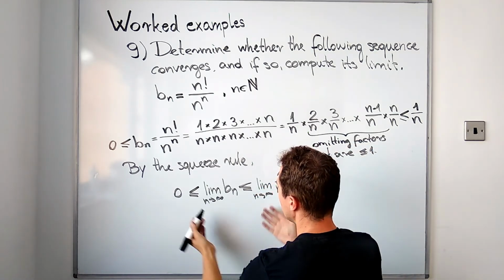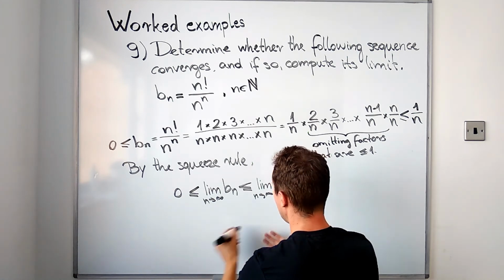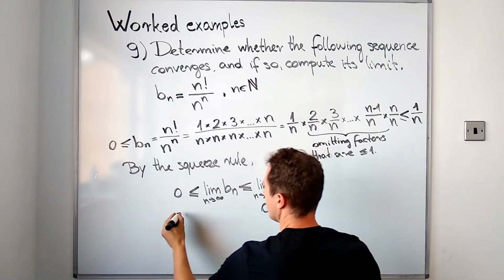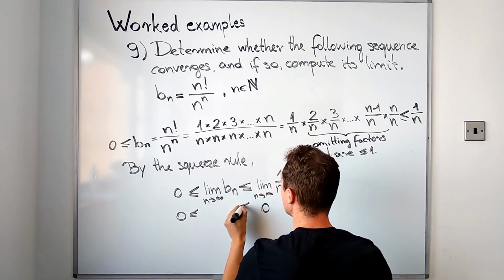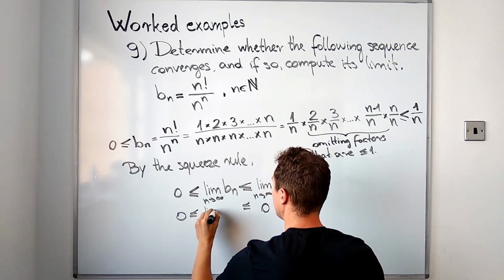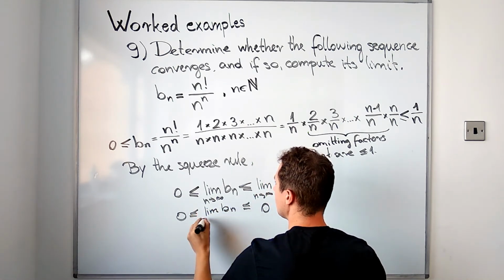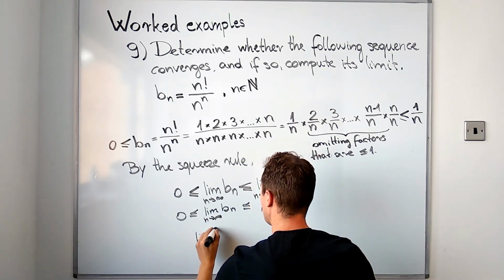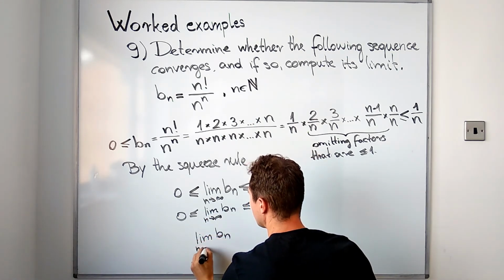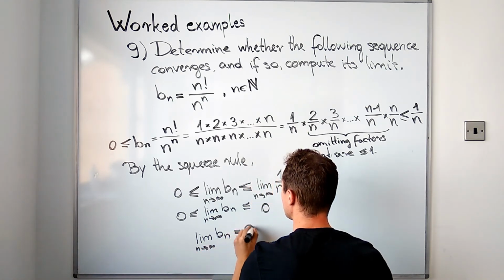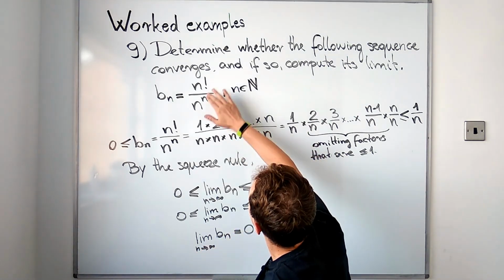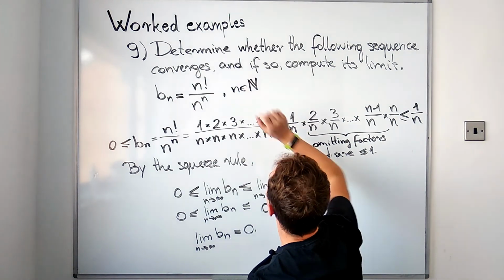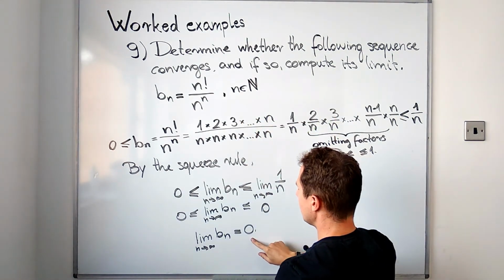What does it mean? Simply that the limit has to be between 0 and 0, and there is only one such number, and that's 0. So our original sequence, n factorial divided by n to the power n, converges, and its limit is 0.